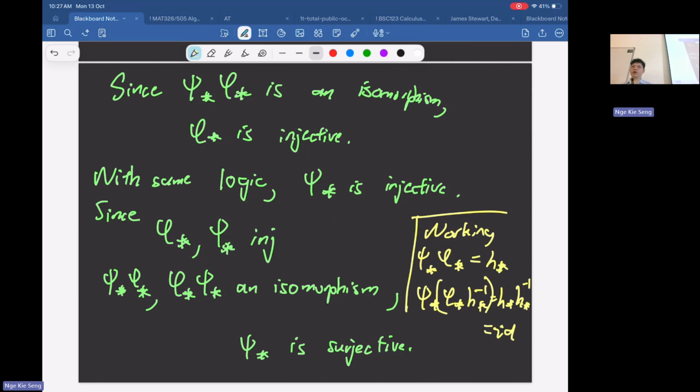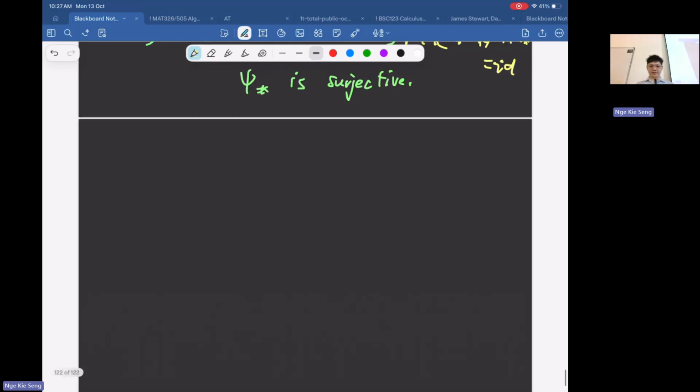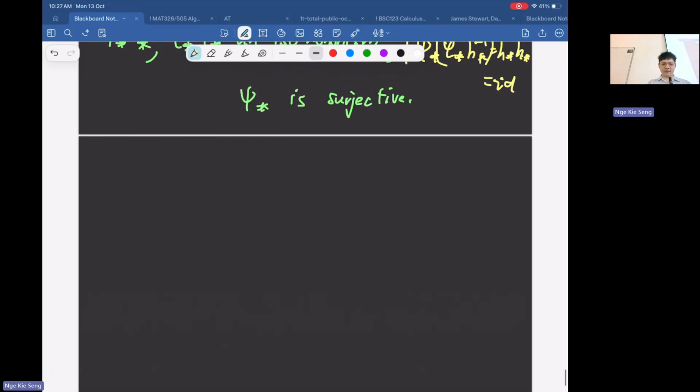Then this is your left, right inverse, sorry, right inverse. Okay, it's just an algebra trick here. There's nothing special here. So far so good. We have finally finished this subsection here.